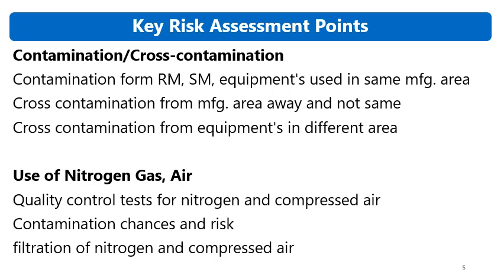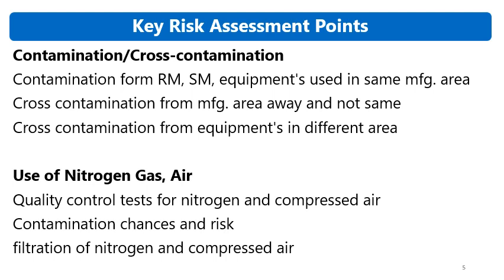Some of the times some movable equipment is used in the manufacturing area, and this equipment may become the reason for cross contamination. Use of nitrogen gas and air. In API manufacturing, nitrogen gas is used and compressed air is also used for different purposes. So quality control tests for nitrogen gas and compressed air should be there.